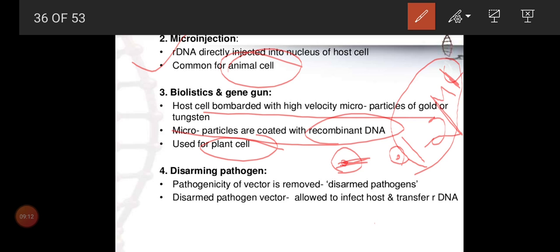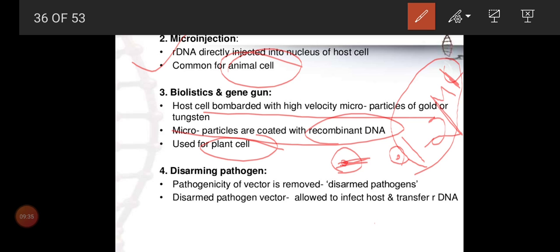If not, it will reach the plasma membrane and come back, or it won't cross even the cell wall. Sometimes when the speed is more, it will get into the nucleus, and at the same speed it will come out from the nucleus also. So there are so many practical problems.